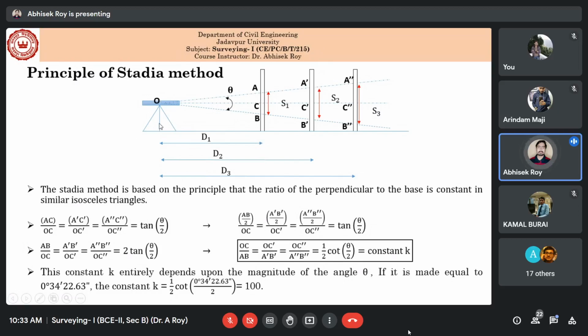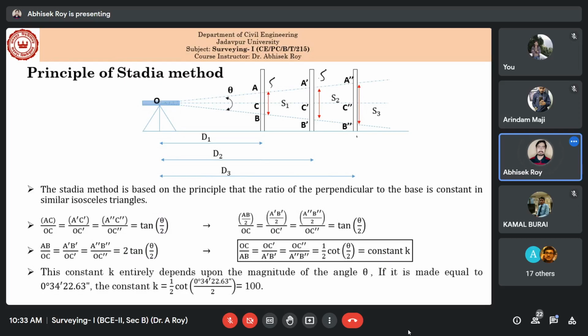Suppose at distance D2, which we don't know, I hold my staff, and there also I get upper stadia, middle stadia and lower stadia readings. Then again at point D3, I get the same three readings. With the difference between upper stadia and lower stadia, I can calculate S1, the staff intercept at place 1.